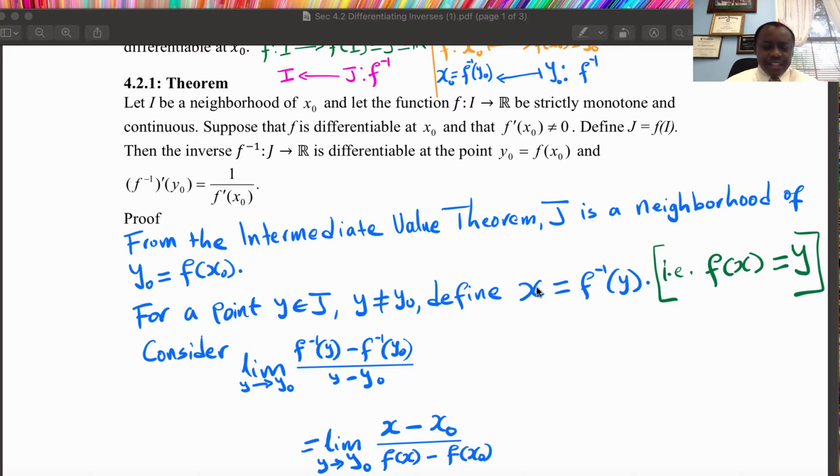So we can define this. Again, if I pick a point arbitrarily from J and the point is y, and that's different from my given y0, I'm interested in the differentiability at the point y0. So pick a y that is not y0, and I define my x to be f inverse of y. Again, I've told you why that is feasible.